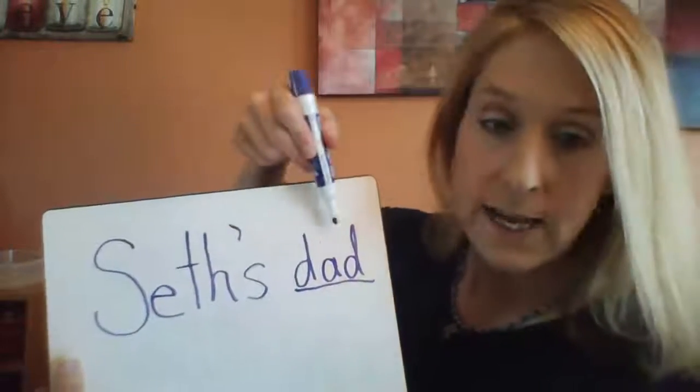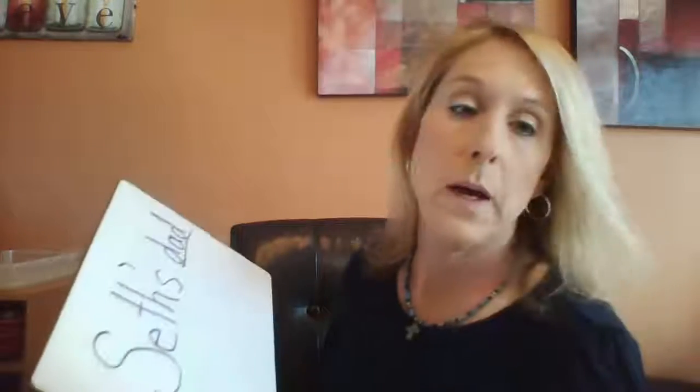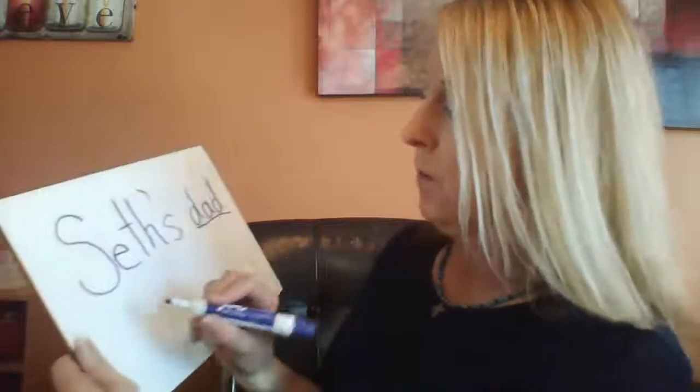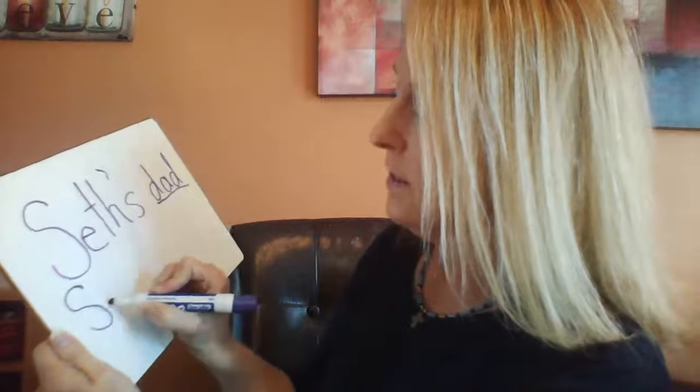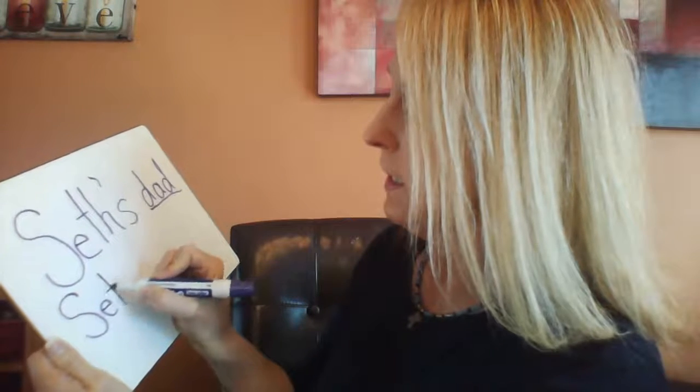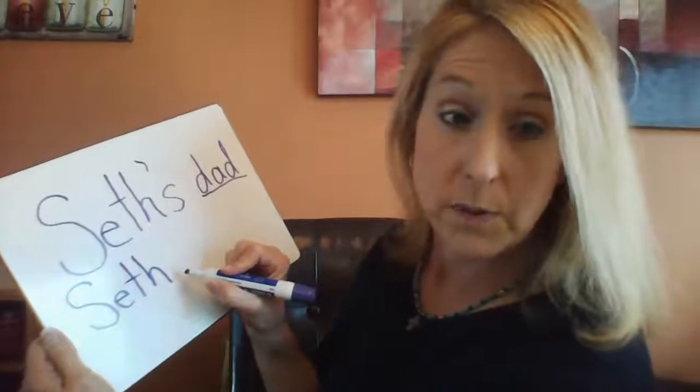It's Seth's dad. What if Seth had something else? What about his cat? How would you spell Seth's cat? Well, we're going to do the same thing. Capital S-E-T-H. Now, something belongs to Seth.